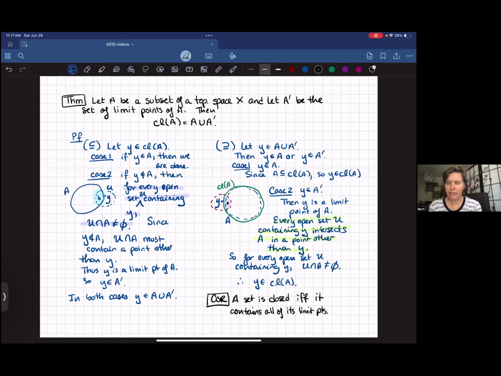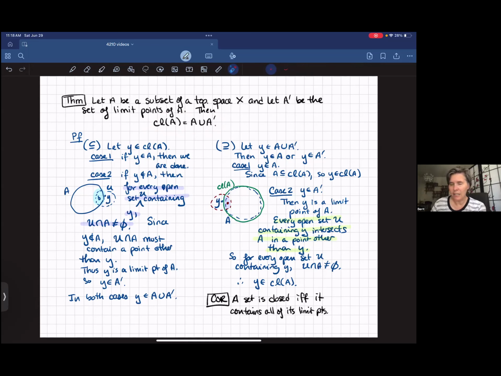Why would that be a corollary of this theorem? Well, if we look at the statement of the theorem, it says closure of A is A union A prime. Now, if A contains all of its limit points, then A union A prime is just the same as A, right? If all the limit points are already inside of A, then unioning with the limit points doesn't actually change A because they're already in there.